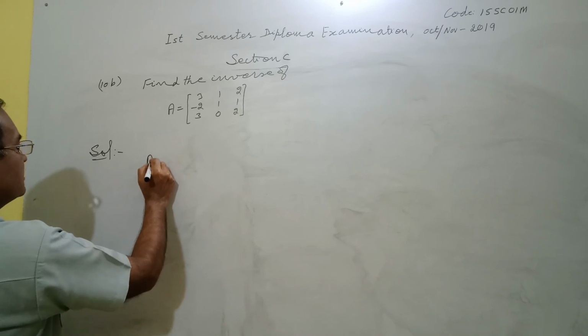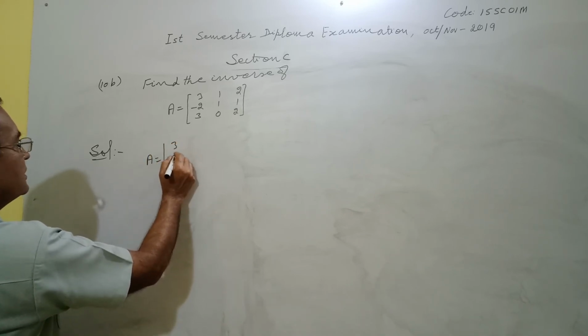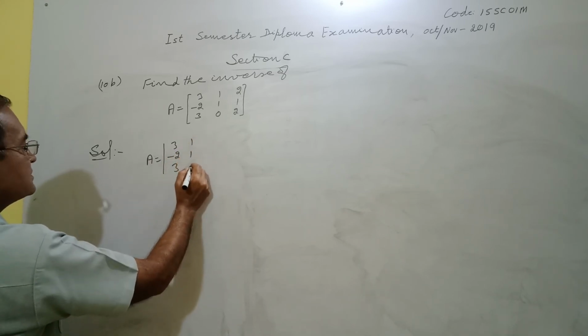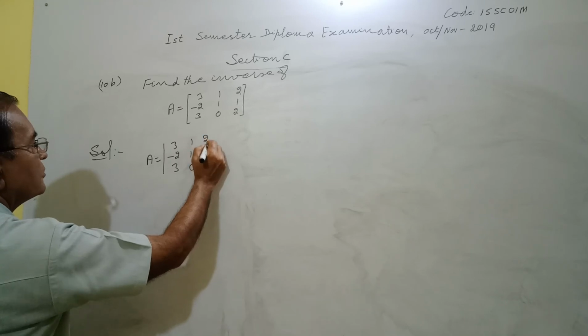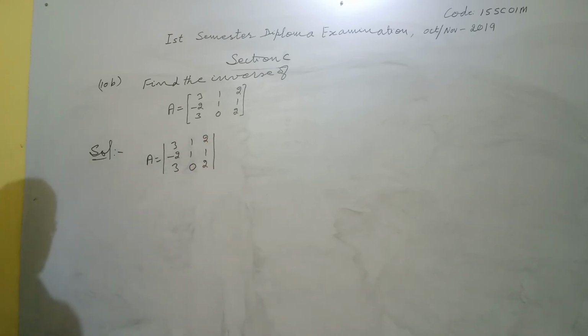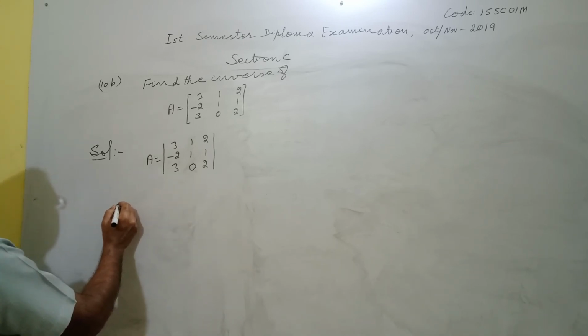That is, go for the determinant: 3 minus 2 3, 1 1 0, 2 1 2. Now find its value.